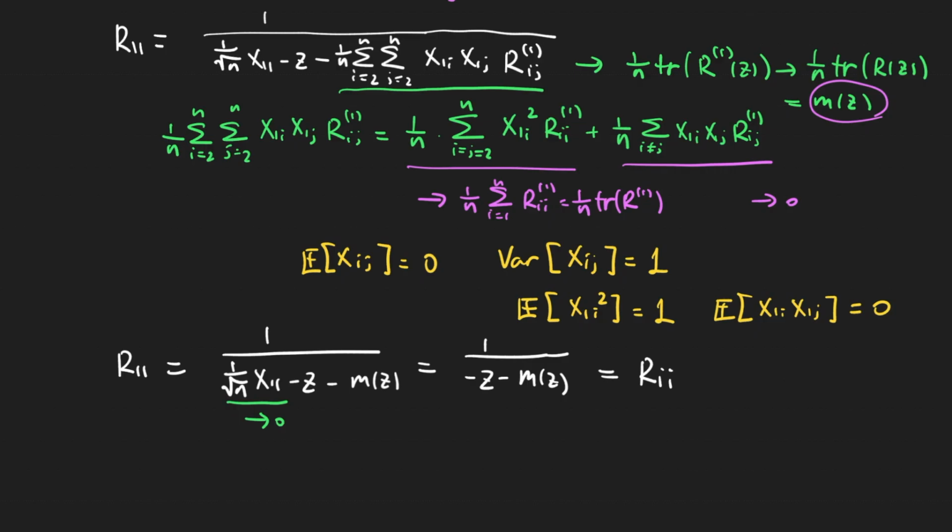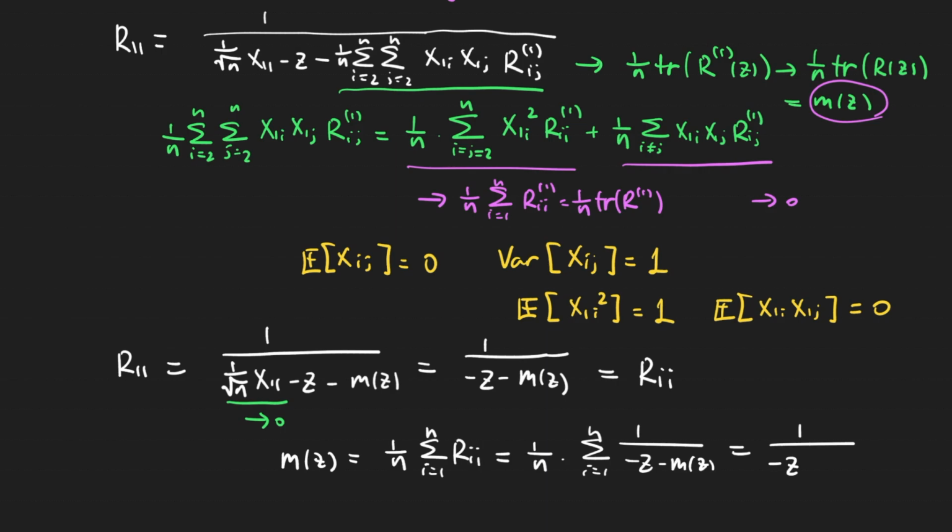Okay, so now from this, we can actually obtain an algebraic equation for the Stieltjes transform, right? So we have m of z equals 1 over n times the sum of the diagonal values of the R matrix, the resolvent, which equals 1 over minus z minus m of z.